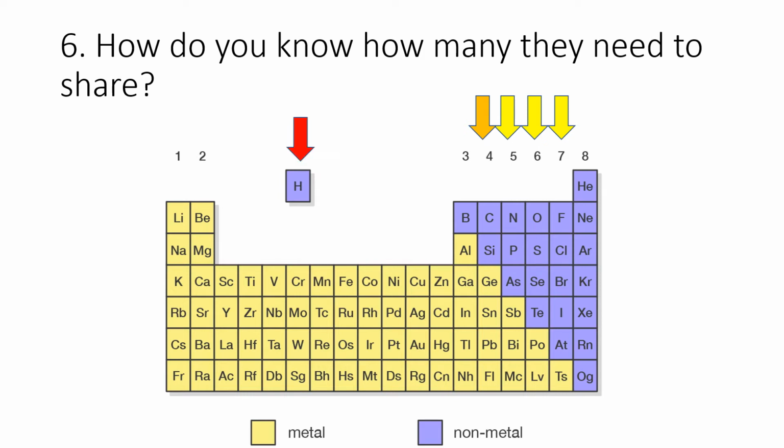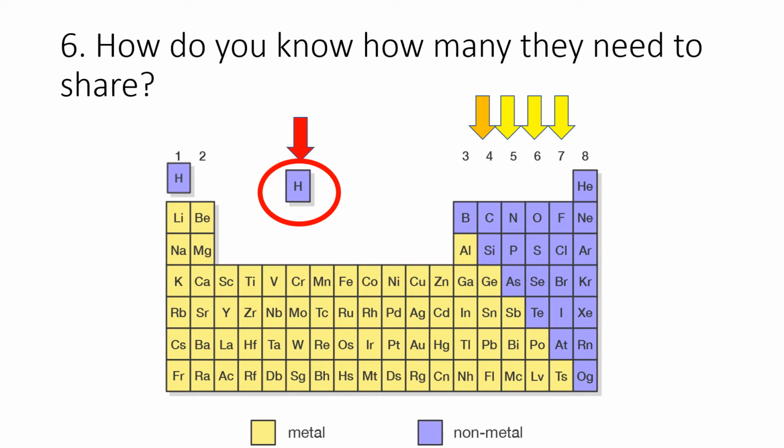Now watch out for hydrogen. On this periodic table, obviously it's all on its own where it belongs. On your periodic table, it actually appears in group 1 because it has 1 electron in the outer energy level. Now, this is the confusing bit because you're thinking, well, this is not a metal. You're absolutely right.